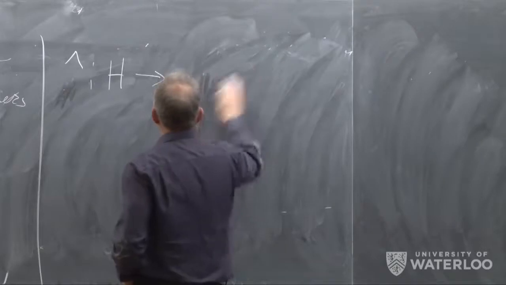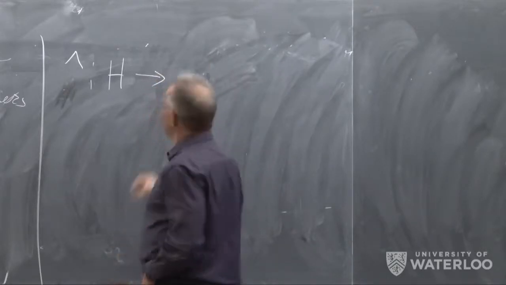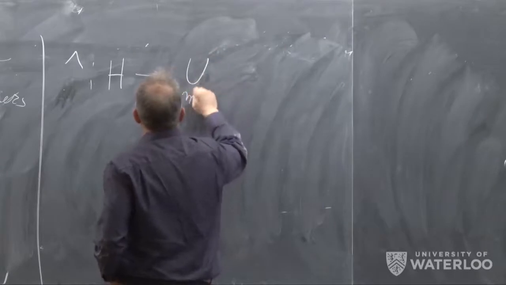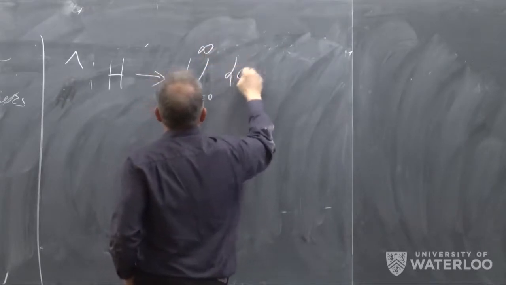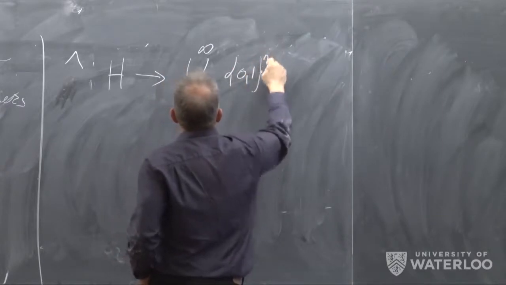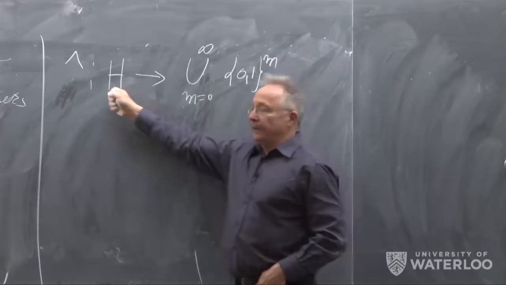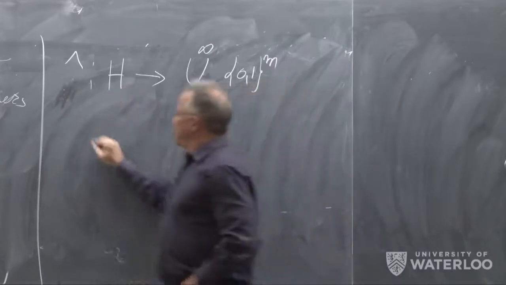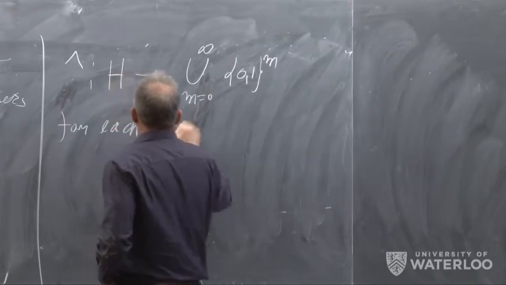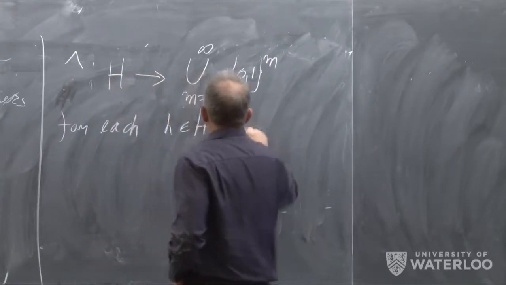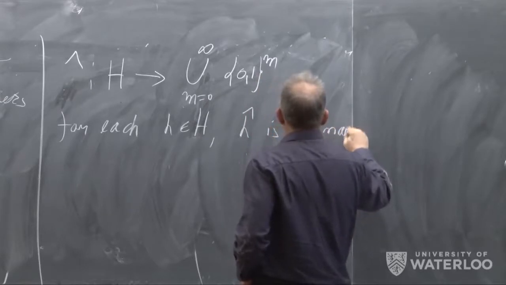So it goes into the set of all binary strings, the union over m from 0 to infinity of {0,1}^m. So for each h in H, h hat is a binary string.